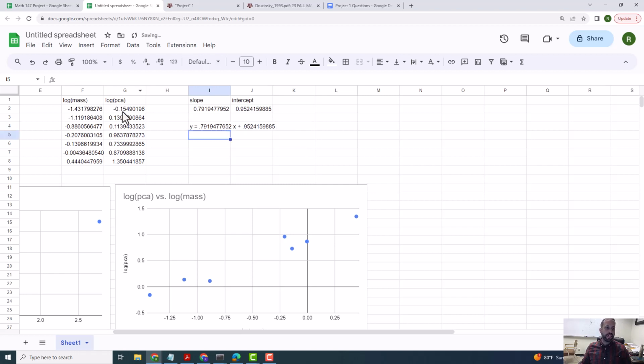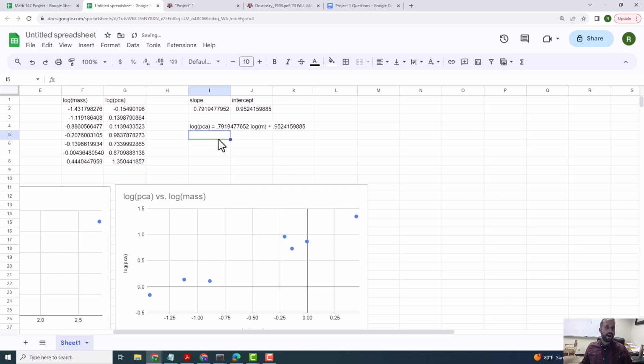Approximately, these data satisfy this linear relationship here. But remember, y is really the log of PCA. You don't have to write this stuff here. I'm just writing it to explain what's going on because I don't have anything to write on. And x here is the log of the mass.